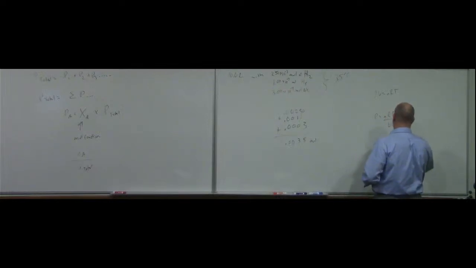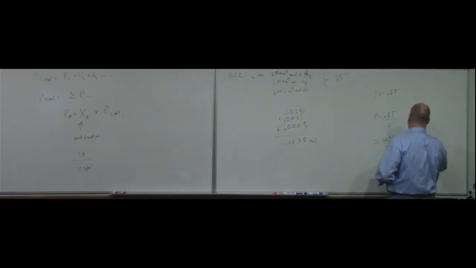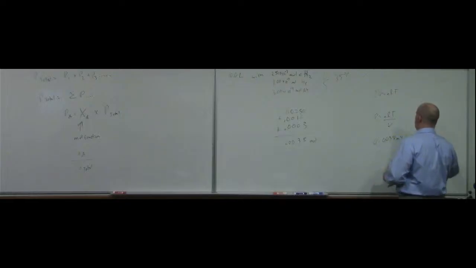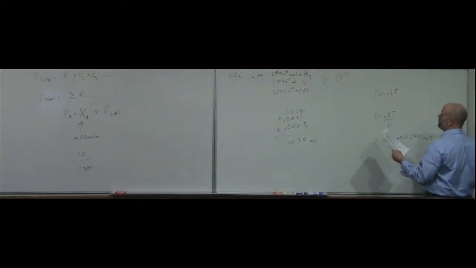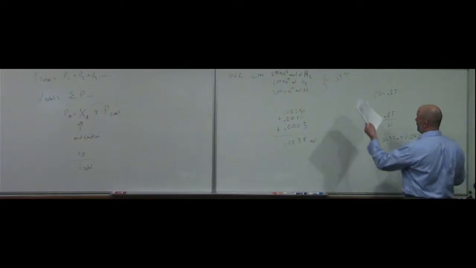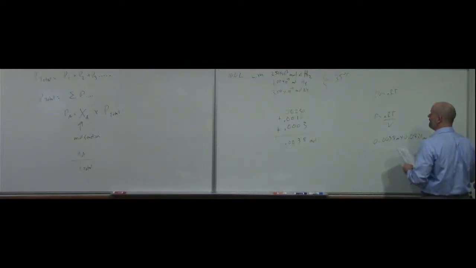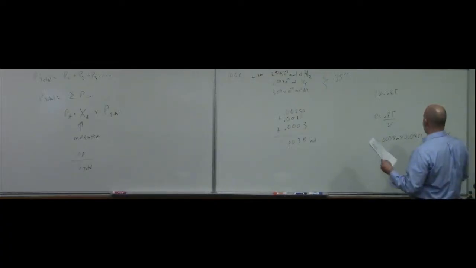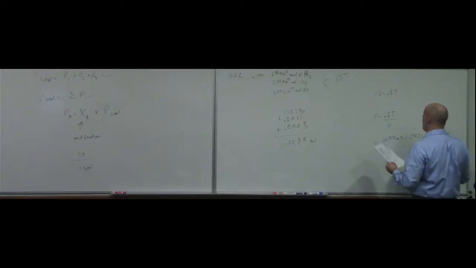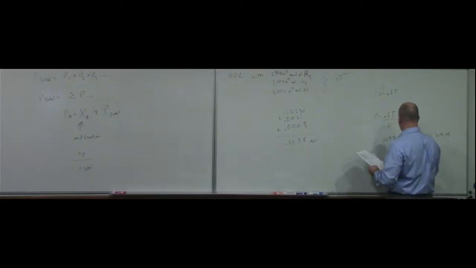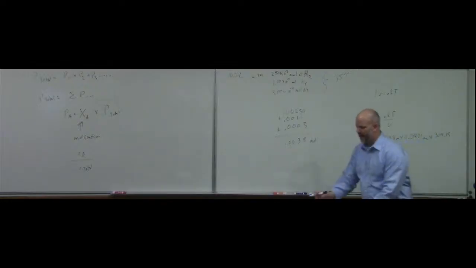So I'm going to go 0.0038 moles times 0.0821 times my temperature, which is 273.15 plus 35, which is 308.15. Okay? And now I'm going to take that and divide it by volume, which is 10 liters, right? Okay, and so when we do that, what do we get?